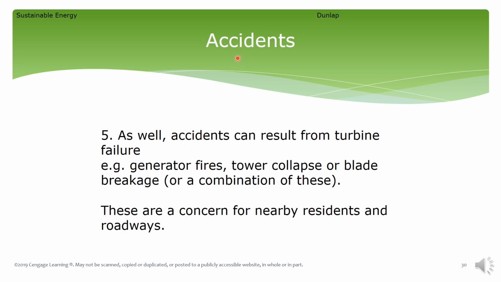Fifth one is accident. Accidents can result from turbine failure, for example, generator fire, tower collapse, or blade breakage, or a combination of these. These are concerns for nearby residents and roadways.